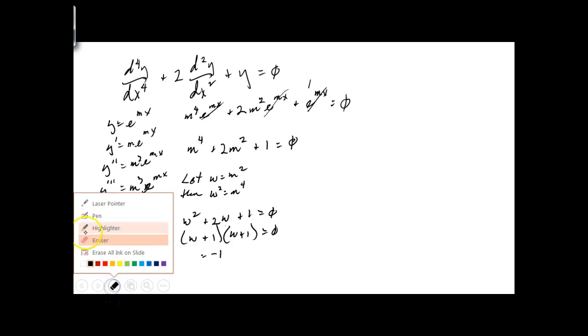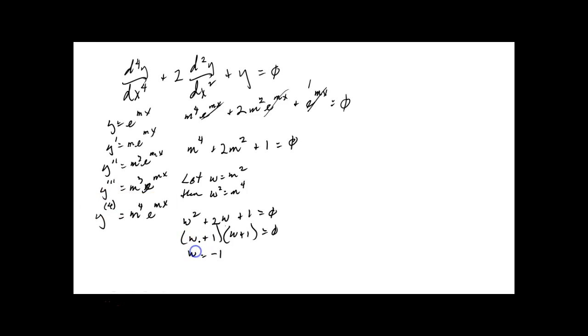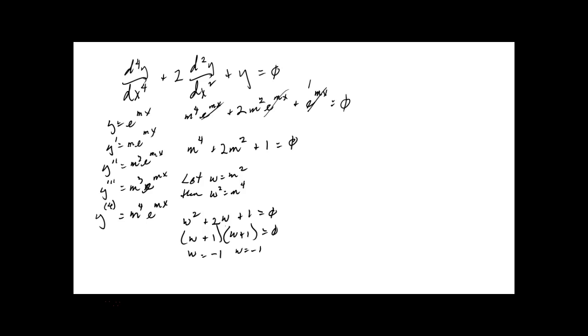I forgot we changed it to w. Okay, w is equal to minus 1, and w is equal to minus 1. We got 2 of them, double root. Okay, but that's for w. But w is m squared, right? So I really shouldn't have done that. We should have just done this.